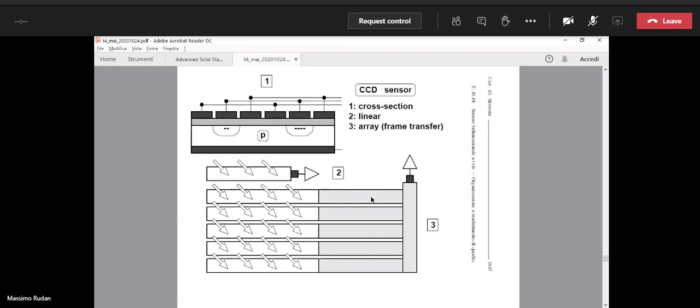You see all the packets that are at the right edge of the horizontal array are transferred in parallel into the vertical CCD. By one clock pulse, they are transferred in parallel from left to right and enter the vertical CCD.